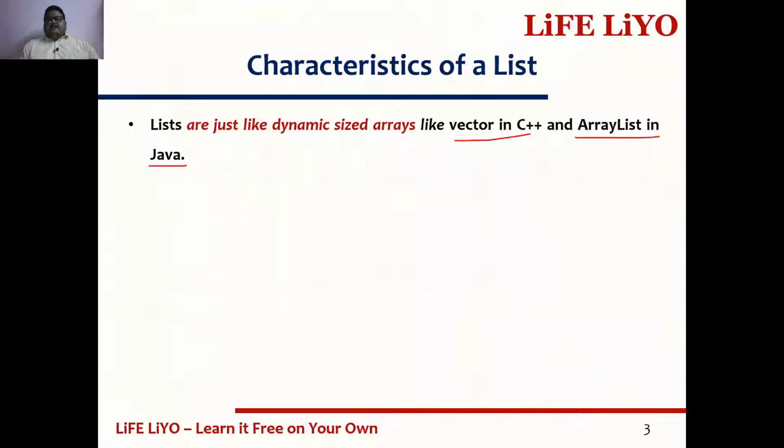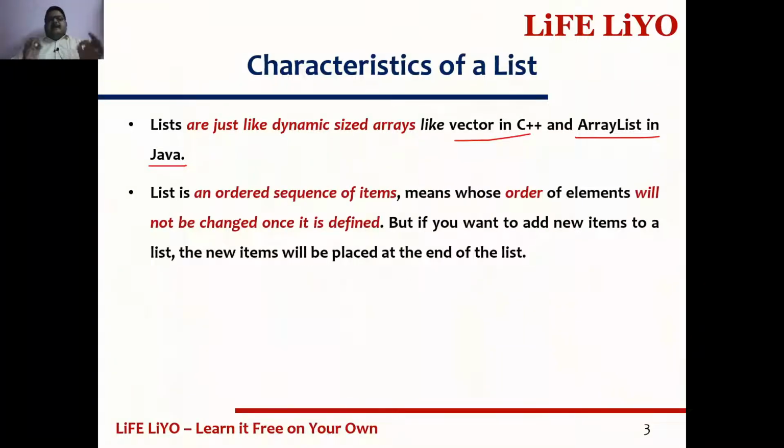The second one: while telling the definition, I said that a list in Python is ordered and changeable. What is ordered? A list is an ordered sequence of items. What does this mean?